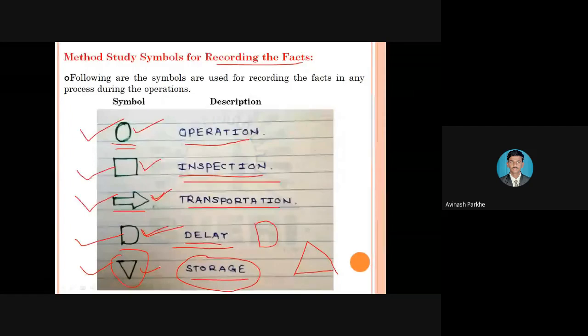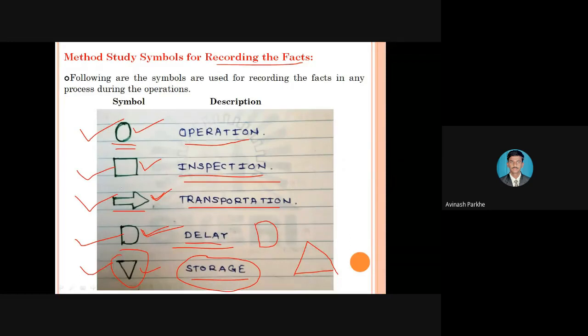You have to keep all these symbols in your mind, because sometimes a task is given to you, for example, you have to perform the assembly of a nut and bolt. To perform that assembly, whichever tasks we are performing, all those tasks we can represent in this symbolic manner. So please keep these symbols in mind.